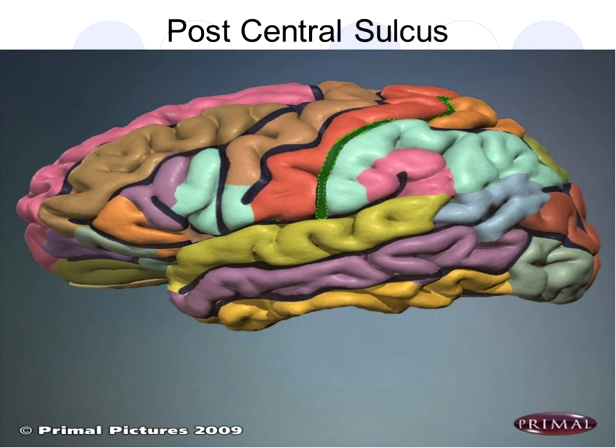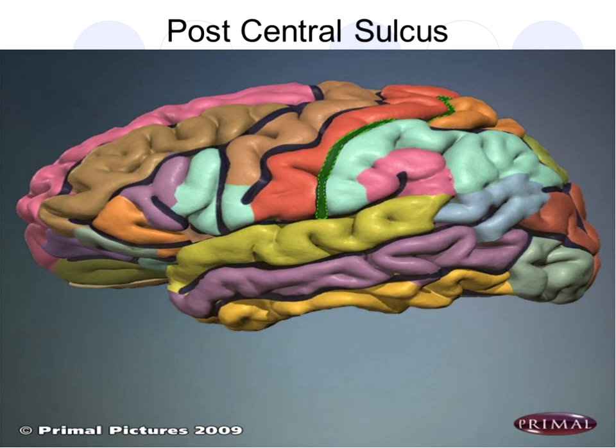Okay. Then, what divides the post-central gyrus from the somatosensory association areas, areas 5 and 7, and the superior parietal lobule from the inferior parietal lobule is the post-central sulcus.